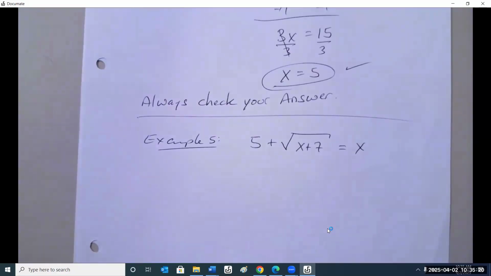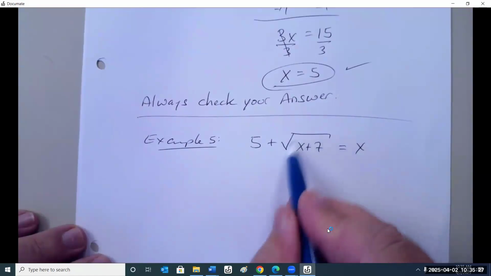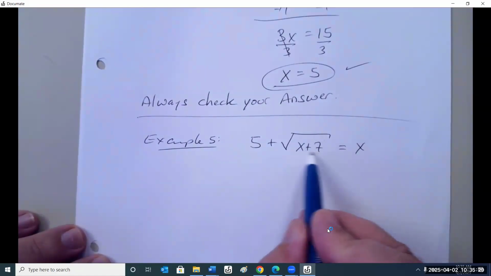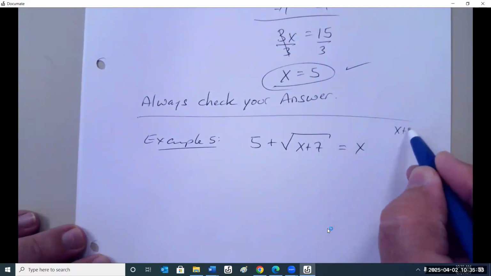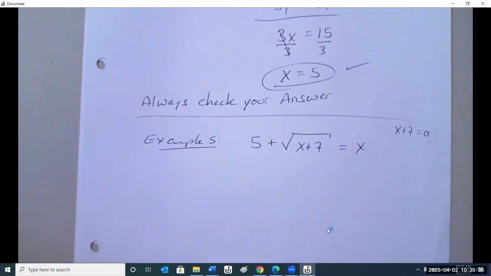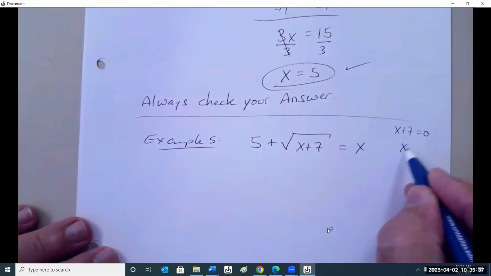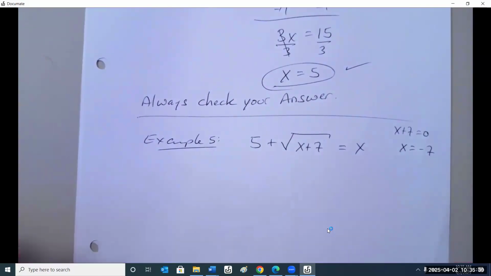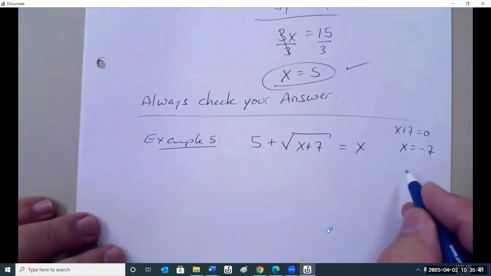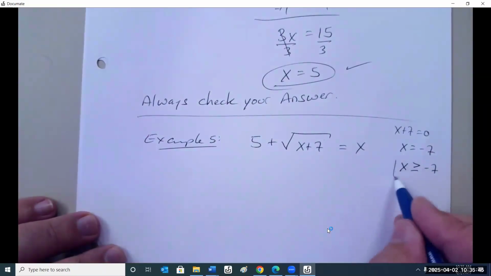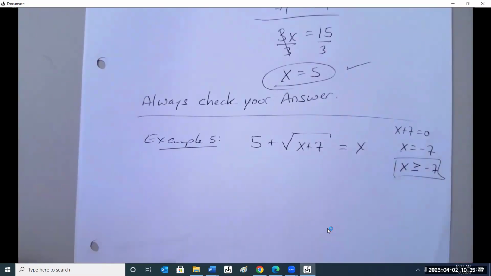What are our possible x answers? Look at this. You cannot have a negative. So the smallest this can be is what? The smallest it can equal is 0. So the smallest x can be is negative 7. So our x has to be greater than or equal to negative 7. That's what our answer has to be to keep that safe.